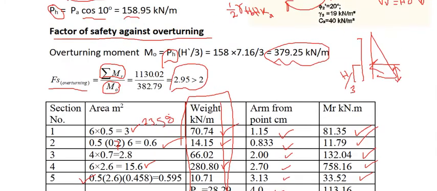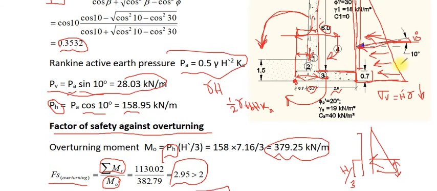The horizontal force here tries to push the retaining wall in this side and make it slide here, but the friction between the base of the retaining wall and the soil tries to resist this force.